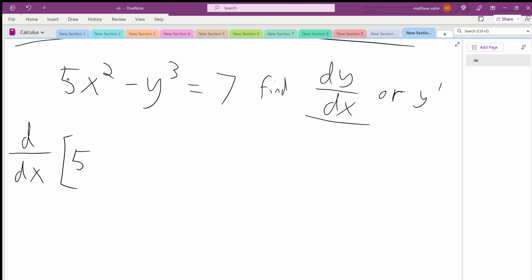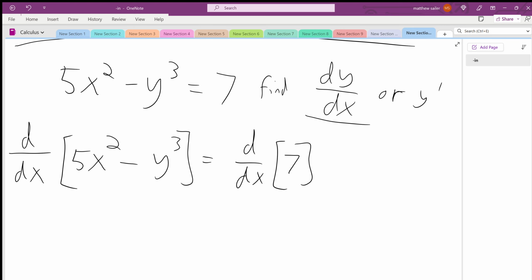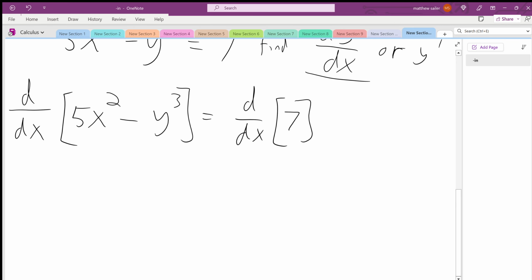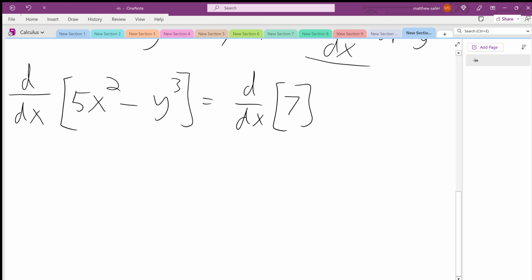So the left-hand side, we are going to be finding the derivative of 5x squared minus y cubed. And then on the right-hand side, same thing, but we're just finding the derivative of 7. Immediately from our derivative rules, we know that the derivative of a constant is just 0. So the right-hand side is very easy.